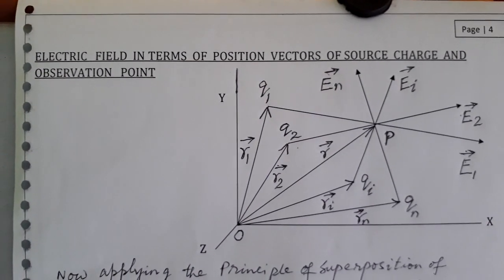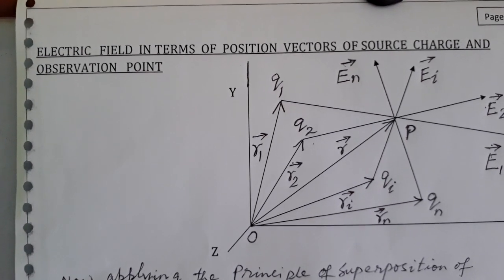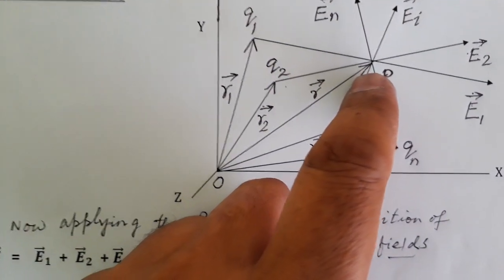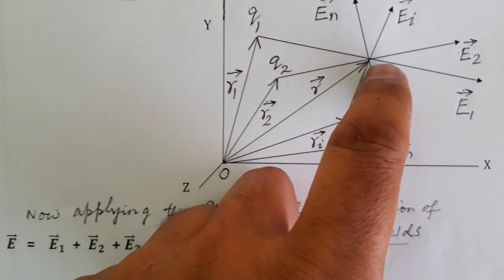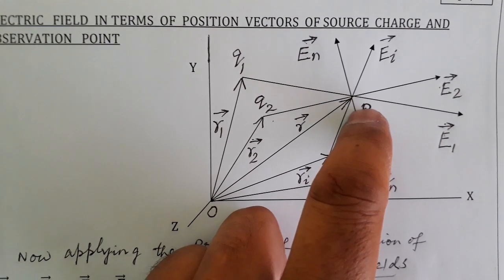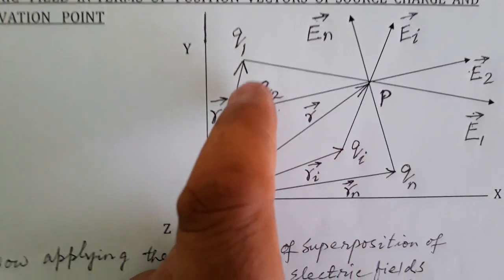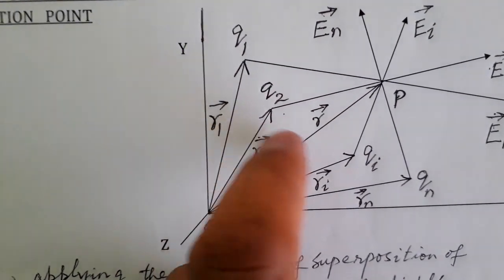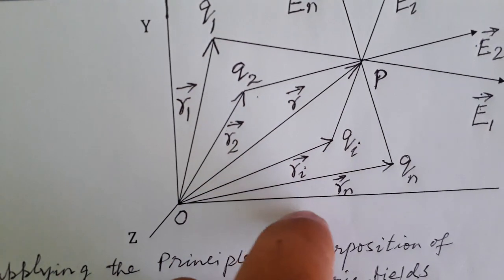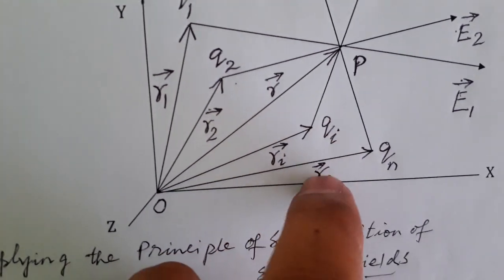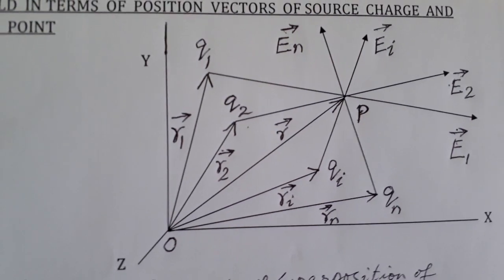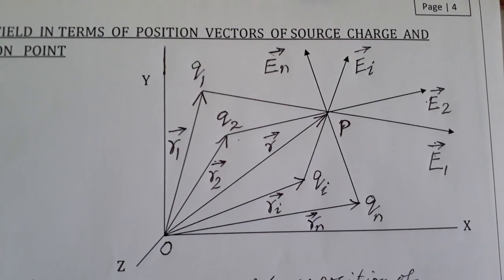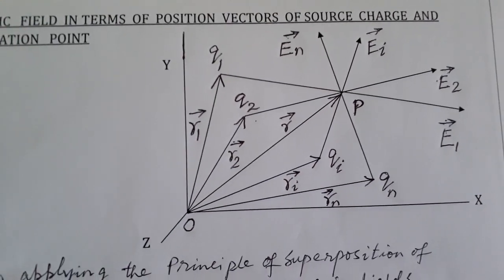Now come to learn the electric field in terms of position vectors of source charge and observation point. Once again you have to see this figure very carefully. This is the observation point, its position vector is R, and charge Q1 has position vector R1, Q2 has R2, Qi has Ri, Qn has Rn, and I have written the electric field for Q1, Q2, Qi, Qn, everything has been written.